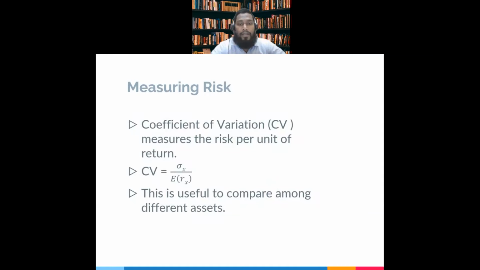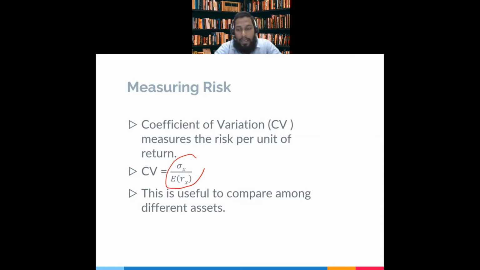Now we have another thing, the coefficient of variation, or CV. This measures the risk per unit of return, meaning how much risk relates to per dollar. So it will be easy for us to compare with other assets' risk. The formula is quite easy.